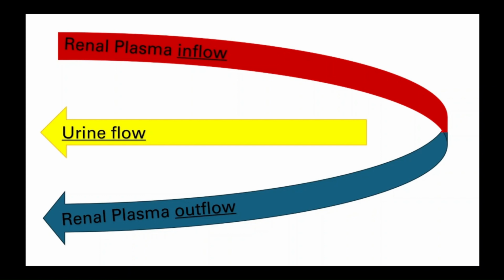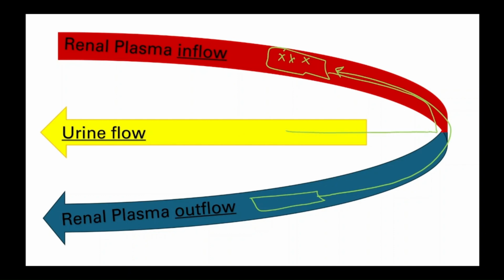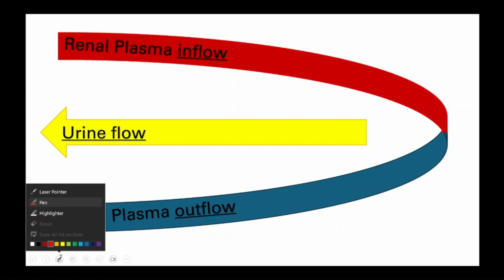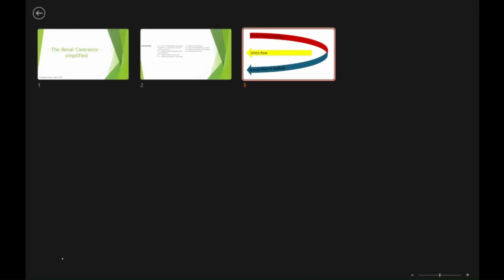This means that we are measuring this volume of plasma which had a substance X with a concentration of X before being filtered, but now this substance X has been filtered completely into the urine, so this amount of plasma is now totally free of substance X. So how can we measure this volume of the plasma? Let's put some numbers and things will be easy and clear.